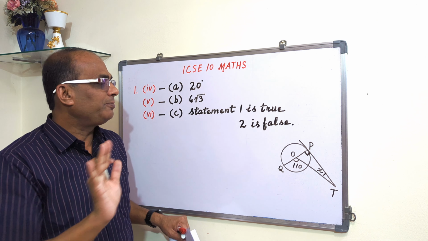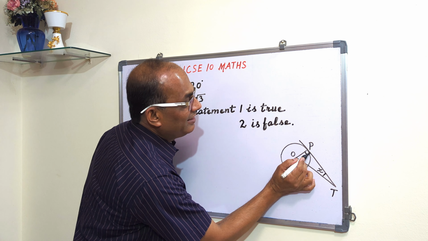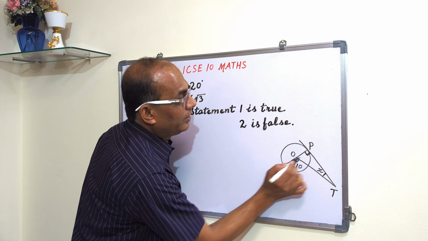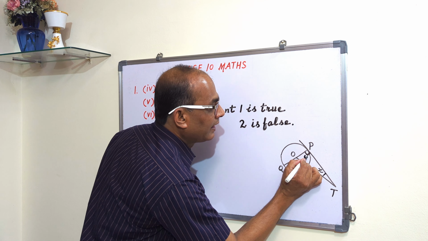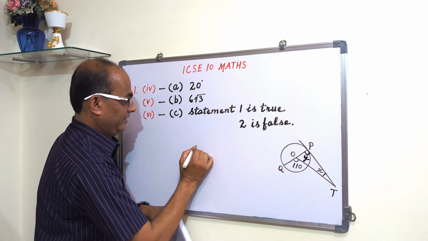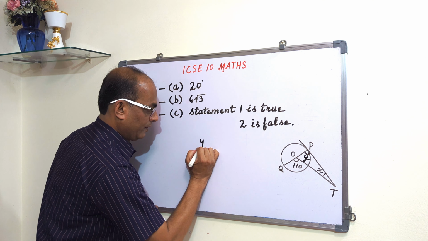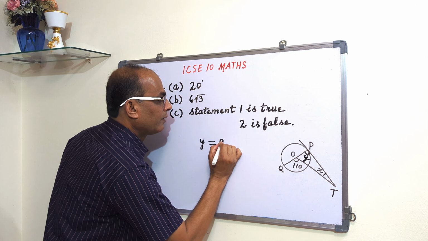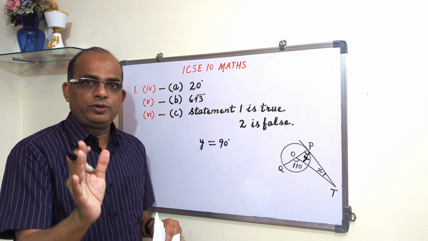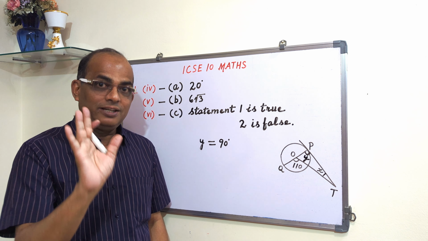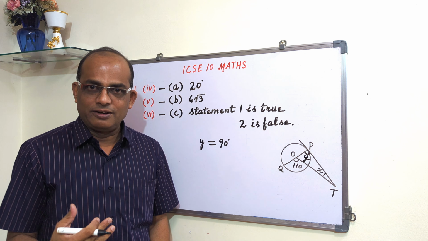First approach, first method is, see, this angle is 90 degree. If I call this angle Y, so Y is 90 degree. I'm just showing you, if the same question is asked for 3 marks, then these are the steps that you have to write down.